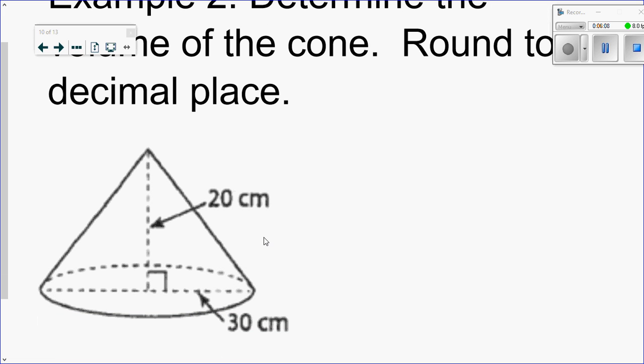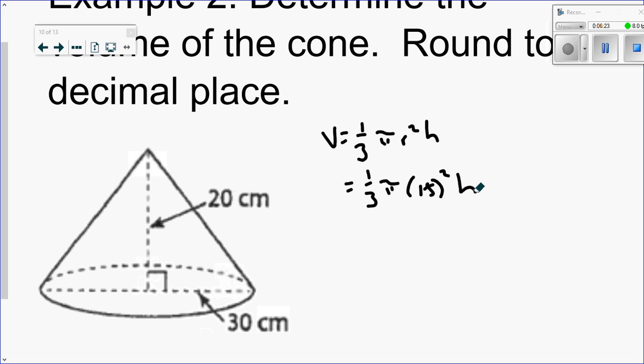Likewise, this one requires a touch more effort. One-third pi. Got to remember that your radius is half. Oops. Well, if I'm going to fix one, let's fix both. Hopefully it's good enough. 20.